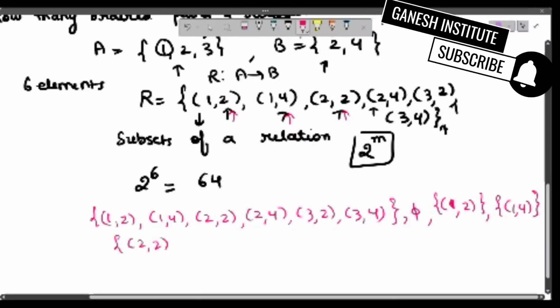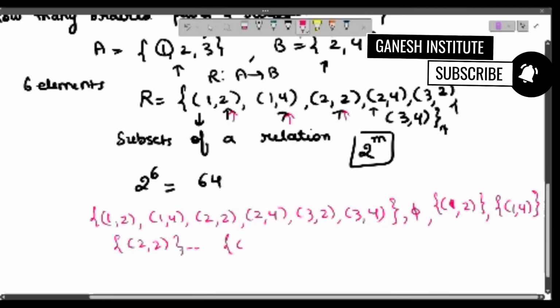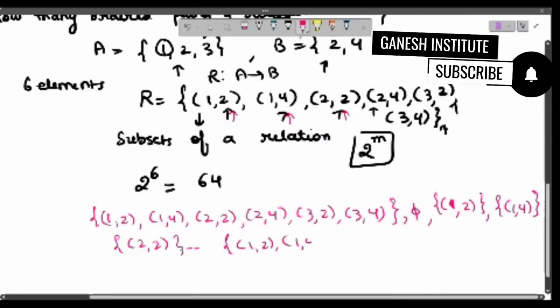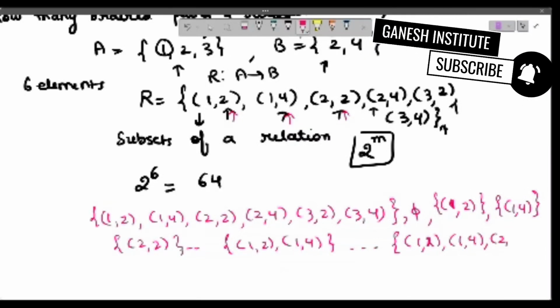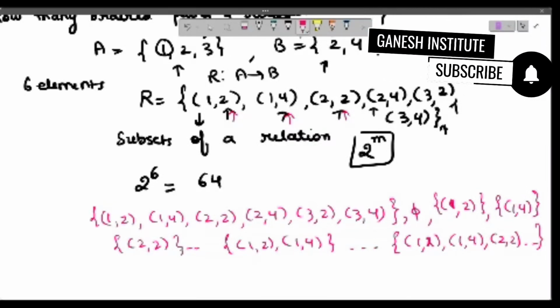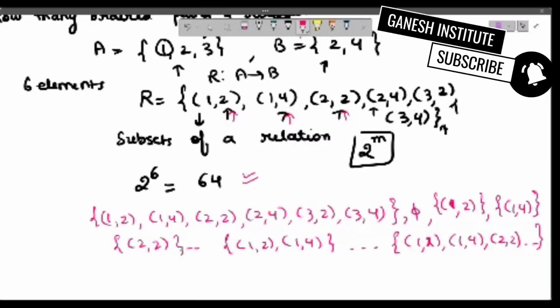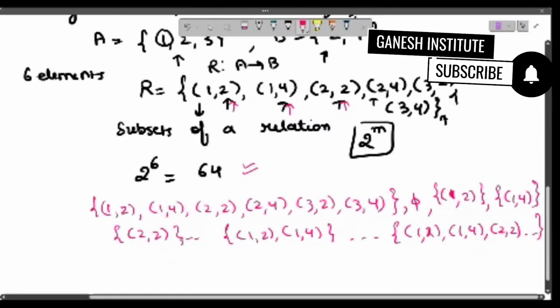Yeah. And then you will have the pairs 1 2, 1 4, these combinations, then triplets and their combinations. In that manner, you will get 64 values. Are you getting my point? Yeah.